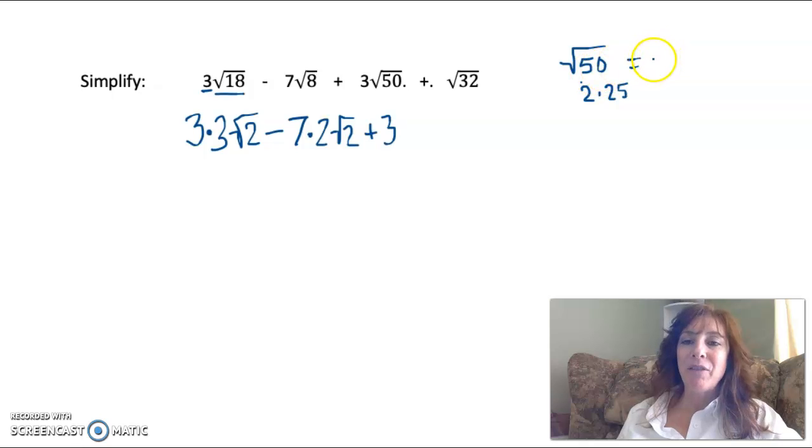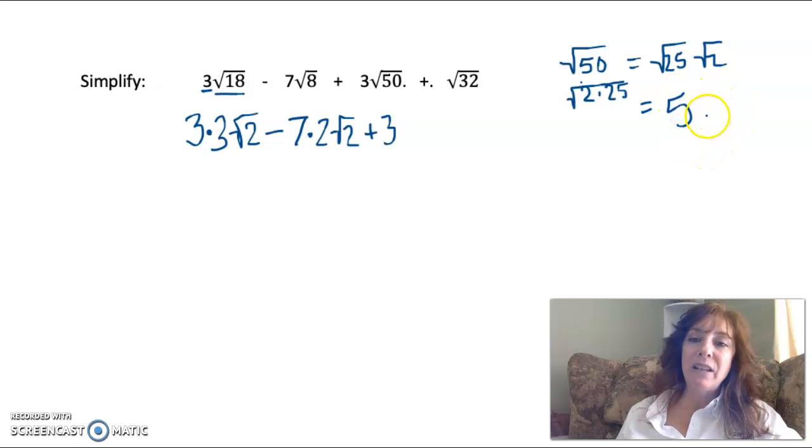That means the square root of 50 is the same as the square root of 2 times 25. And I can write it as the square root of 25 times the square root of 2. Now I know what the square root of 25 is. It's just the number 5. And then the square root of 2 cannot be simplified, so it just stays under the radical.